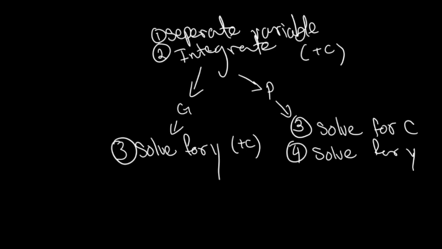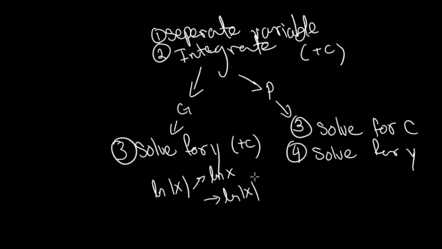Another thing to look out for when finding your general or particular solutions to differential equations is natural logs and square roots. When you're given a natural log, this can either be the natural log without absolute values, or the natural log with absolute values.